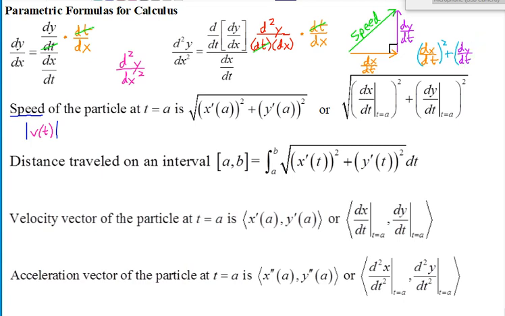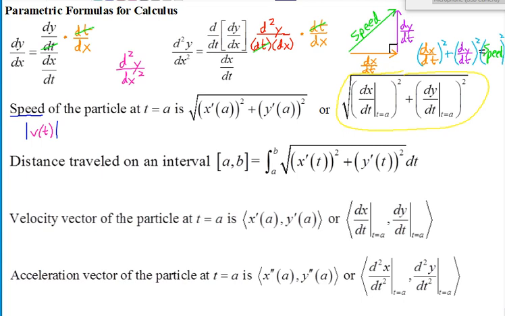That's the vertical component of velocity. And you can see that would equal the speed squared. And then all you have to do to solve for speed is take the square root of both sides. And so that's where this comes into play, the square root of dx/dt squared plus dy/dt squared.